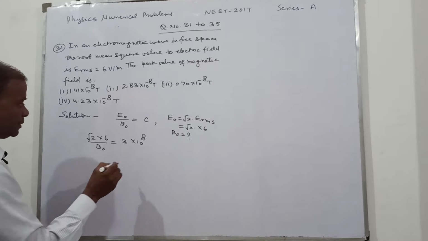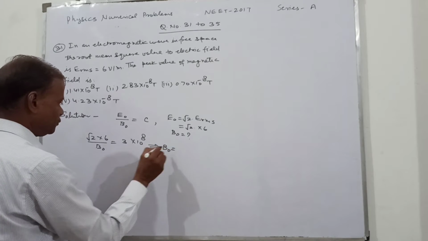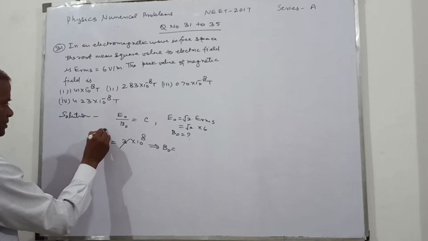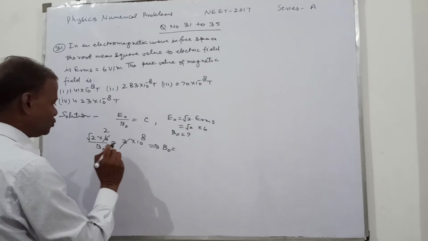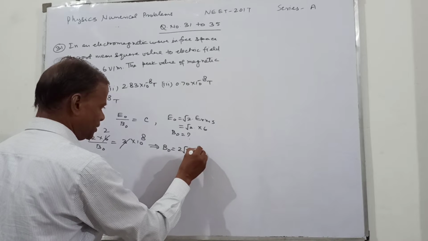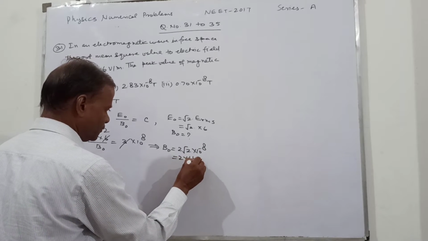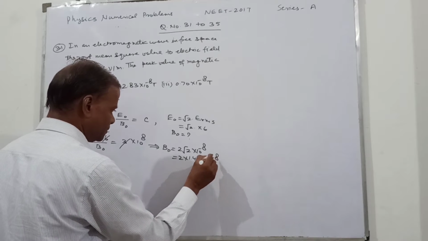So this will give you what? B naught equal to, now 3 into 2 is 6, so this is now 2 root 2 into 10 raised to the power minus 8. 2 into 1.414, 10 raised to the power minus 8.